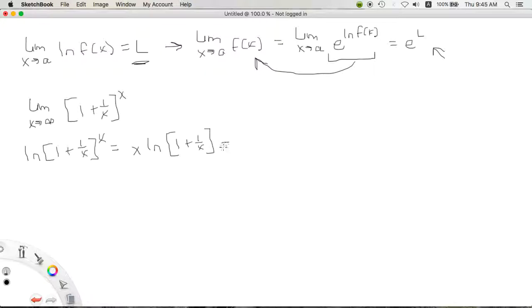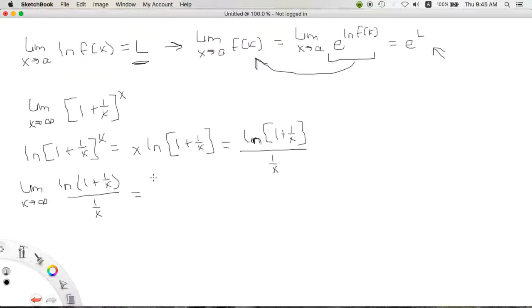So we're going to rewrite it a little bit. We know that multiplying times x is the same thing as dividing by 1 over x. So if we take the limit as x goes to infinity of that, we end up with 0 over 0, which is an indeterminate form, which means we can use L'Hopital's rule.